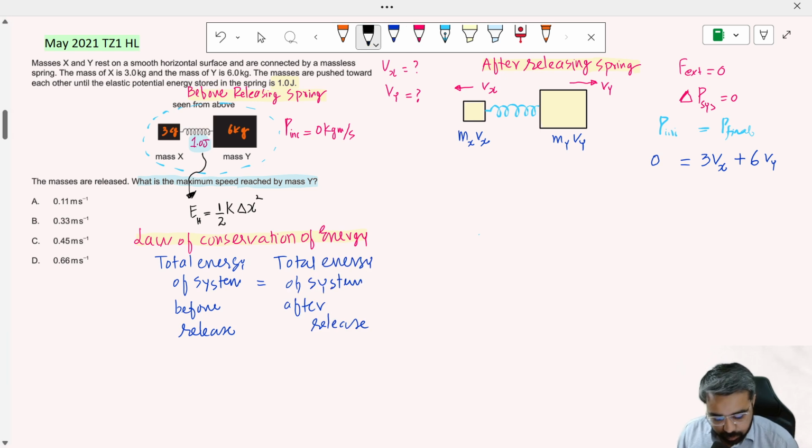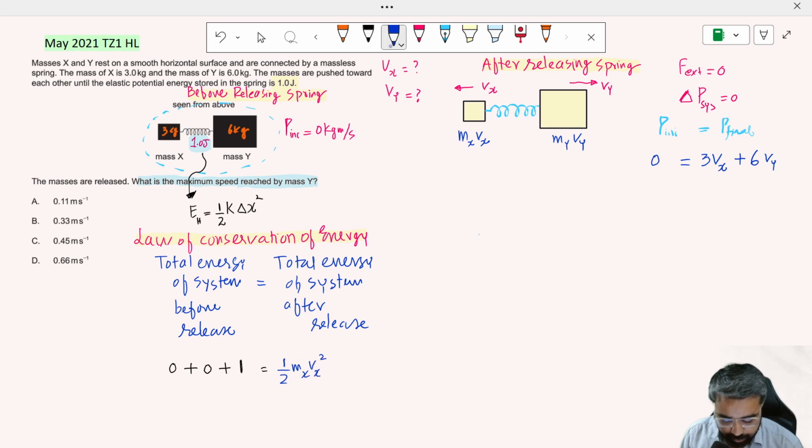And when we look at the question, because both masses were at rest, there is no kinetic energy of the blocks, but 1 joule is the elastic potential energy, which will divide into the kinetic energies of both masses. So 1 over 2 mx vx square is the kinetic energy of the mass x, plus 1 over 2 my vy square.